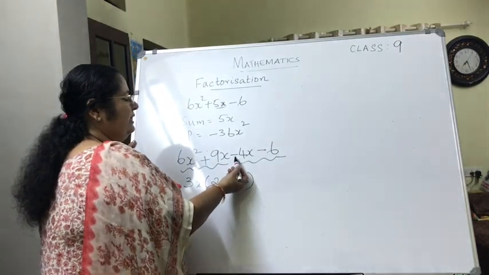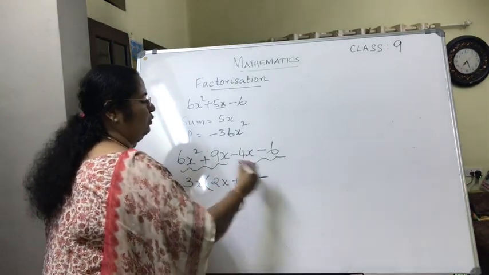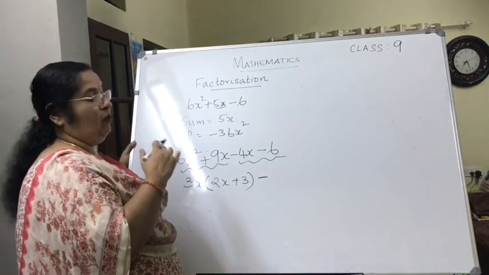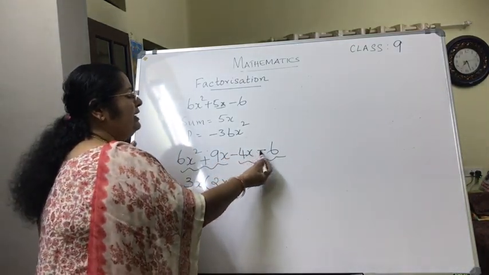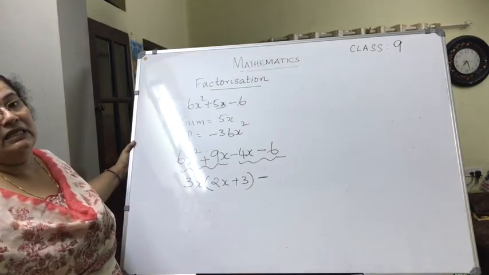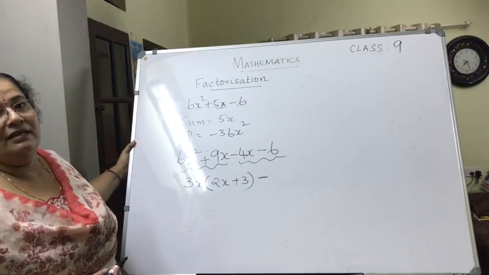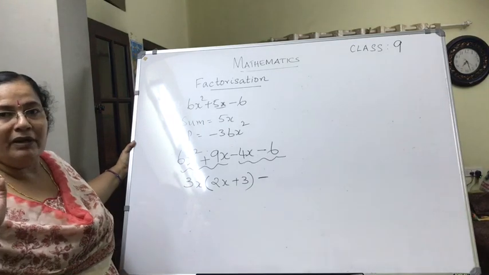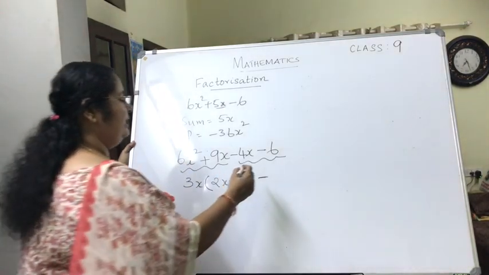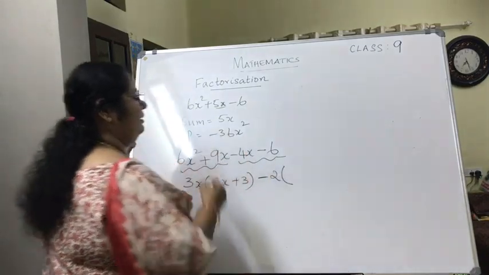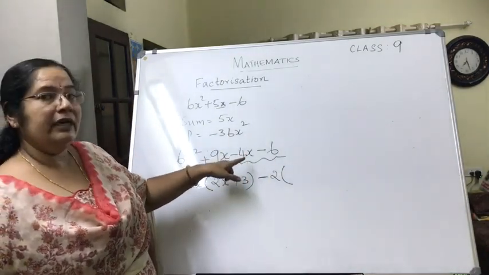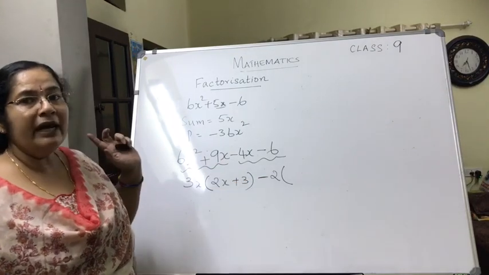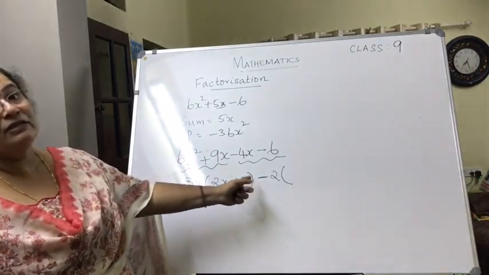Now I am going to take this negative sign out as a common one. Now for 4x minus 6, what is common there? Which number is common there? A 2 is common, isn't it? So I am going to take this 2 out. Now minus 4x, how are you getting it? Minus 2 into 2x will give you minus 4x because I have taken this minus 2 out.